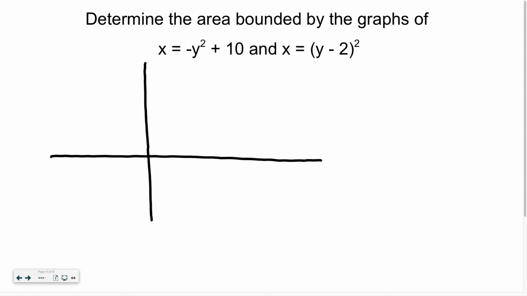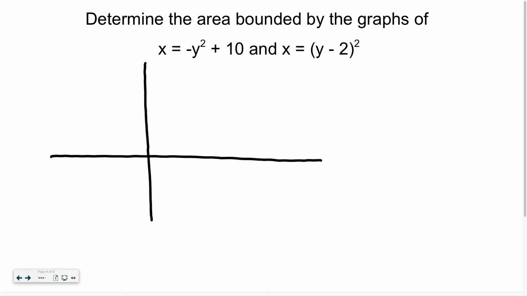Okay, so let's start with x equals negative y squared plus 10. Which way is that parabola going to be opening? Left. And that plus 10 is shifting it which direction? Right, up, down? Right. It's going to be shifting it right. So if that were y equals negative x squared plus 10, it would be opening down, shifted up.